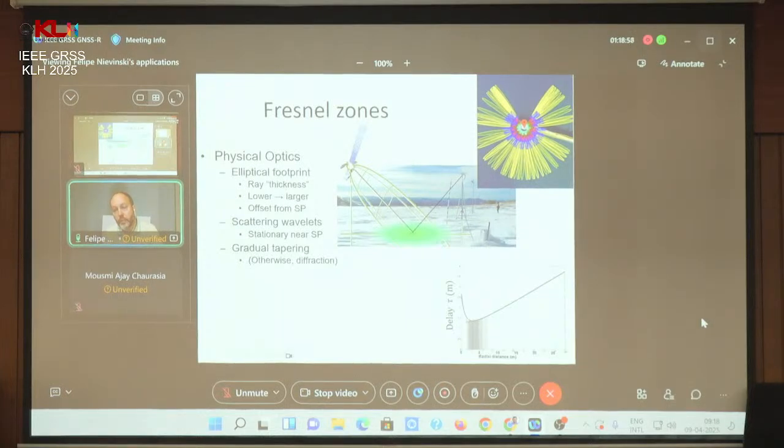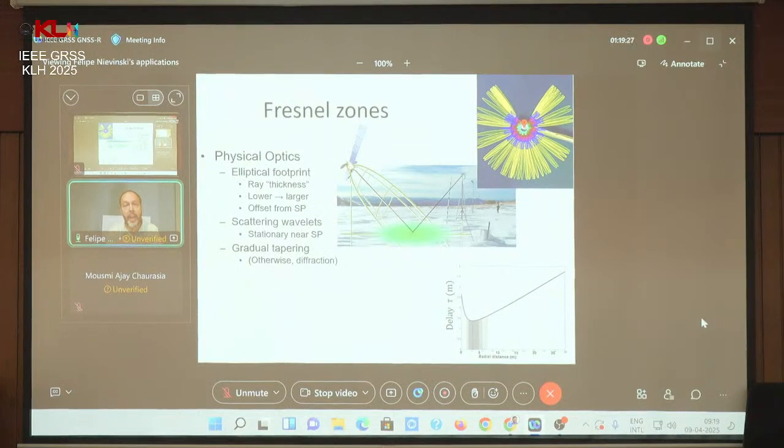And that's one of the reasons why the Fresnel zone is so important. It's because all the small surface patches that fall within this region are more or less emanating physical wavelengths that look alike each other.